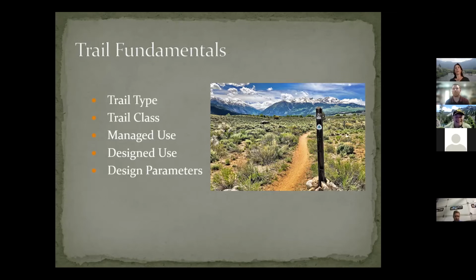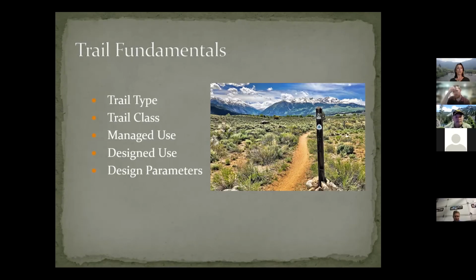I'm trying to think of one where you would have a managed use versus accepted use. Let's say there's a hiking trail that we manage for hiking use, but you can accept bike use, but we're not actively encouraging bikes to be on that trail. We're not actively designing the trail to be a bike flow trail. So it's really designed for hiking use, but bikes are accepted. They're not specifically prohibited, but we're also not encouraging their use.